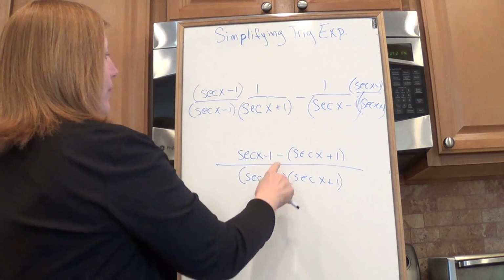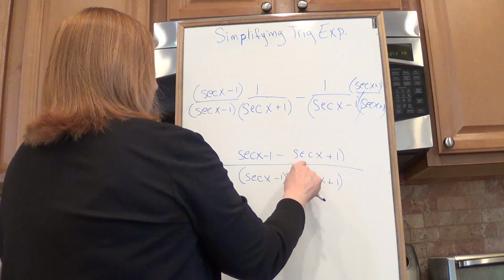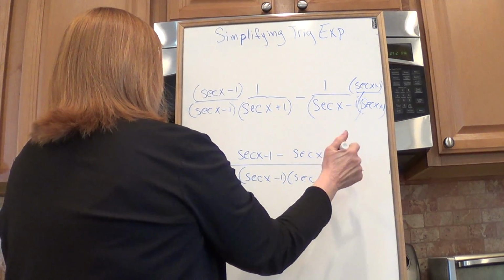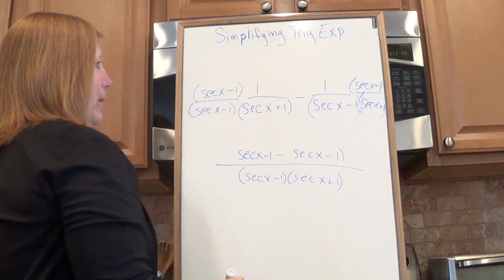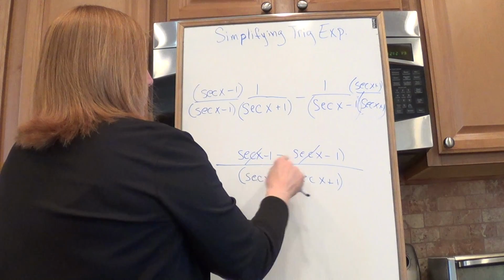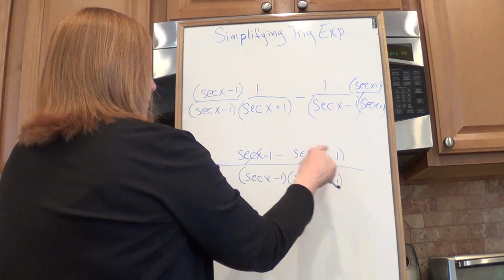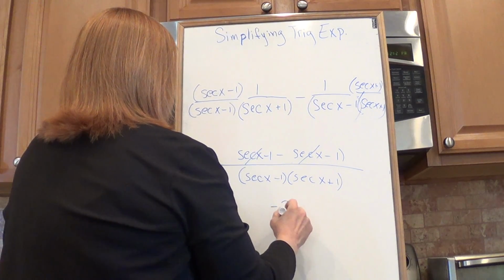So now I can distribute the negative sign, so that causes this first term to be negative and the second term. So do you see when we distribute that, the secants are of opposite signs, but the ones have the same sign. So negative 1 is negative 2.